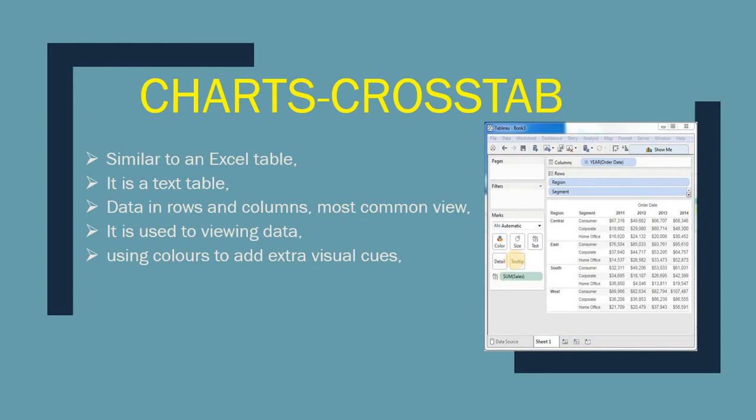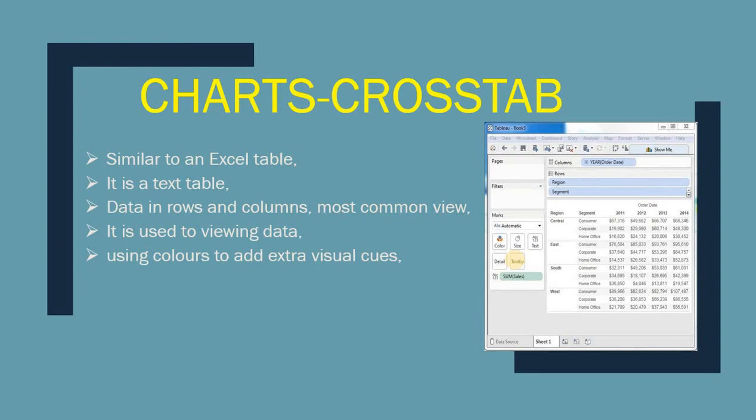Mostly we present data this way when we want to view the data, like what kind of data it is, what the column headings are, how long and how wide it is, and so on. So we use this tabular cross tab to check the data as well.